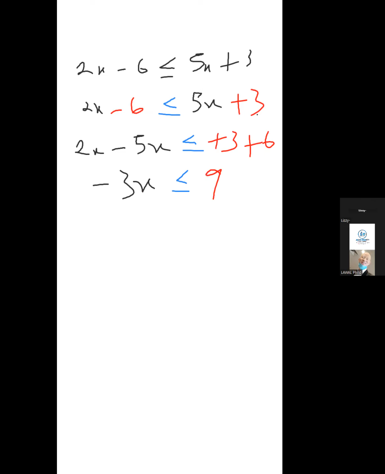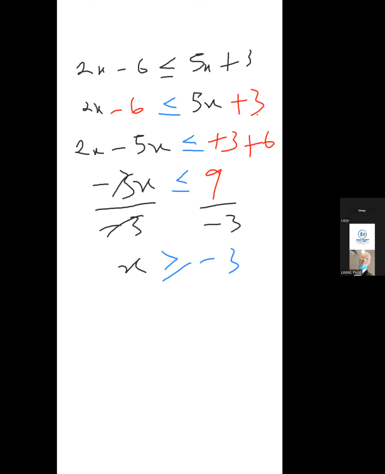All right. So at this point, what we need to do is we divide both sides by -3. And this will do something great for us. Your x now, we change the sign to greater than or equal to -3.